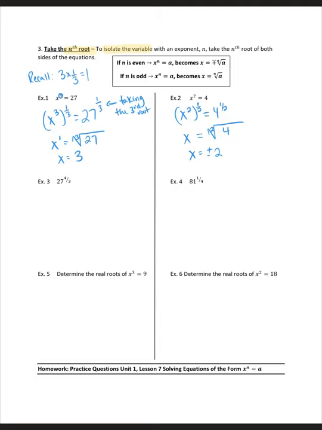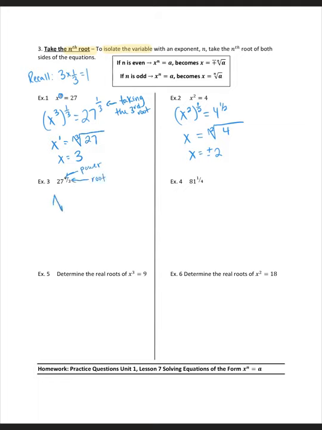Okay, we're going to look at having an exponent that's a fraction, but a little bit different, where the numerator of our exponent is something other than 1. So when we have 27 to the power of 4/3, the top number represents your power, and the bottom number represents your root.